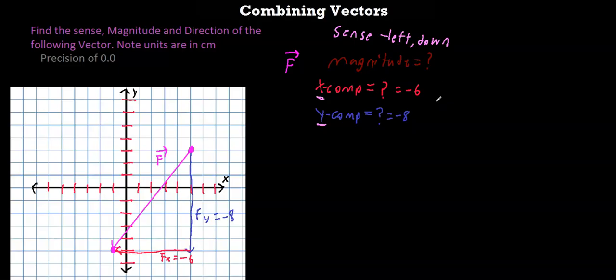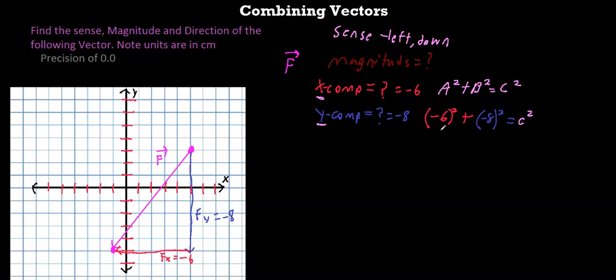So anyway, back to our magnitude. To find it, we'll just do a squared plus b squared equals c squared. And we know a squared is, what, -6? So -6 squared, and then we'll say plus -8 squared, and then we'll set that equal to whatever c squared is, which we don't know.